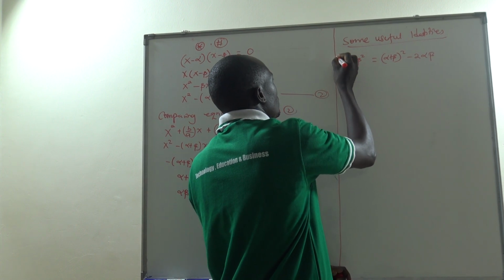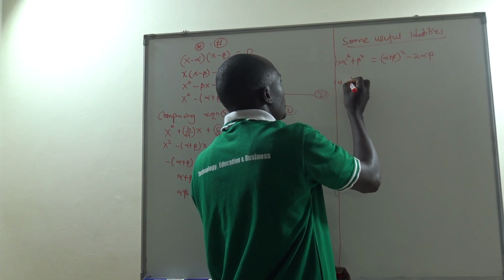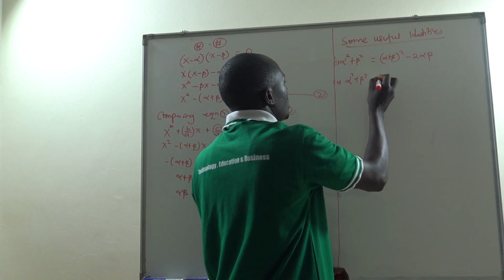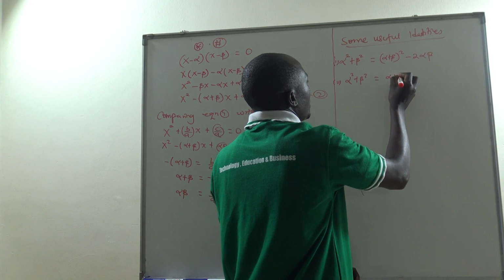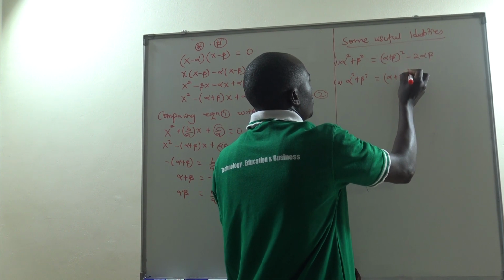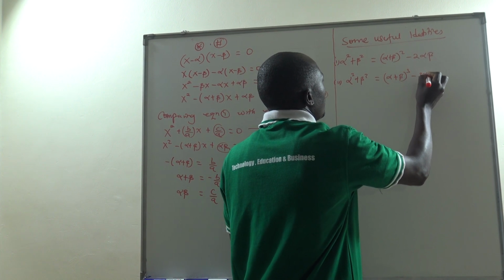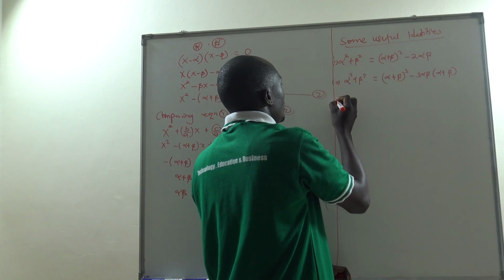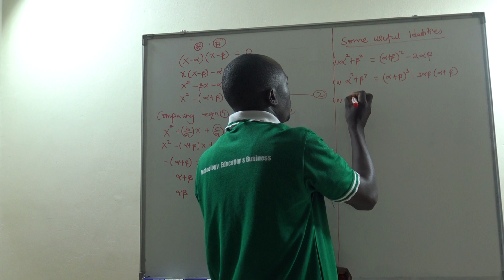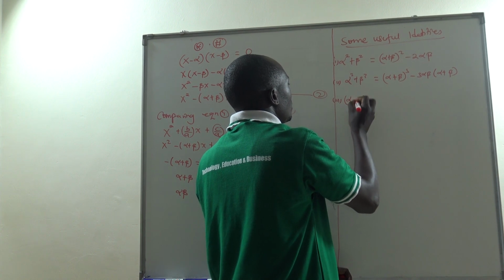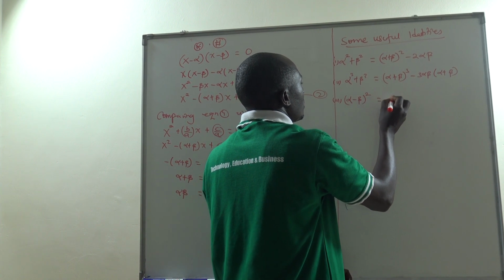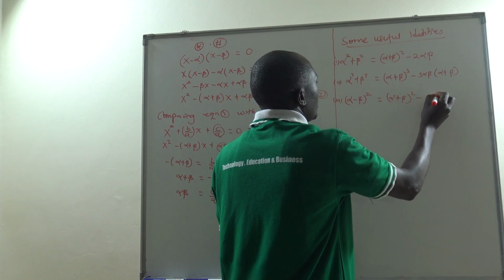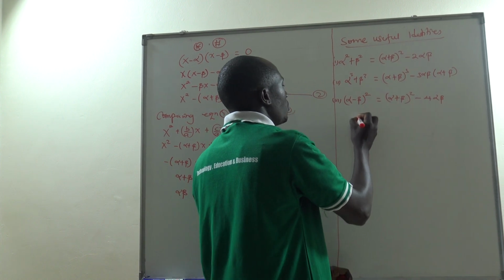This is 1. Then 2 is alpha cubed plus beta cubed is the same as alpha plus beta cubed minus 3 alpha beta into alpha plus beta. Then another one is alpha minus beta, the whole of it squared, is the same as alpha plus beta squared minus 4 alpha beta.